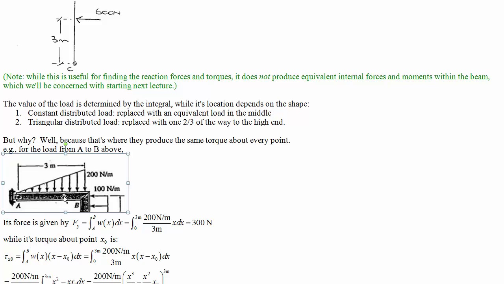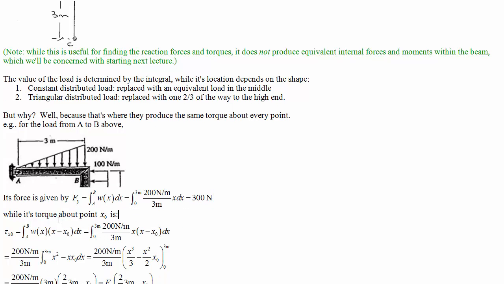Why is this equivalent to a single force that's 300 newtons placed 2/3 of the way? Well, it's equivalent force. It produces the same force as if you were to integrate along it, so that has to be 300 newtons. That part you're probably not debating. But what about the torque? Why does it have to be placed 2/3 of the way? Well, what torque does it make about some point x0? Let's not even talk about the torque it makes about the point x equals 0 here at the end.